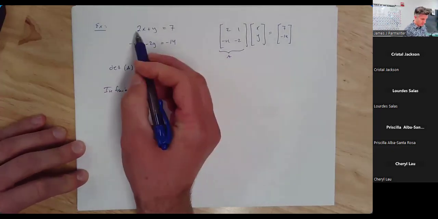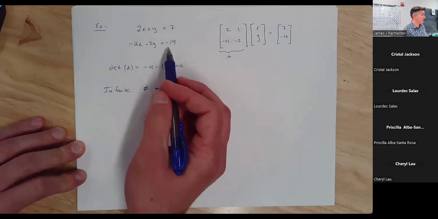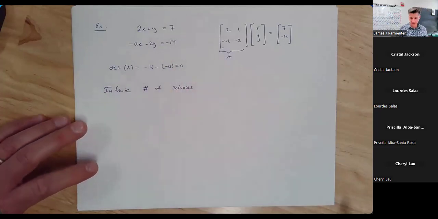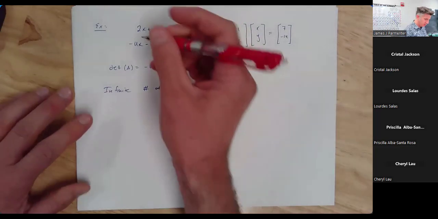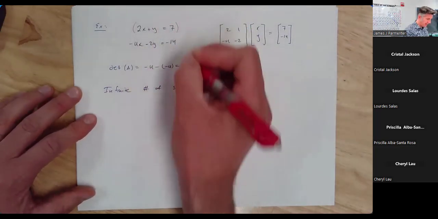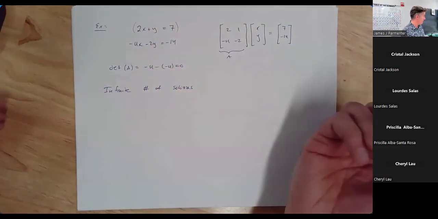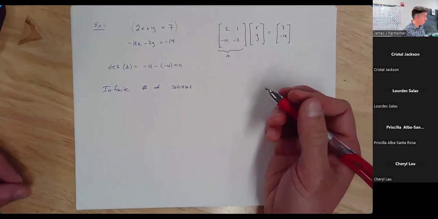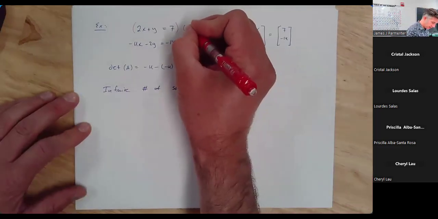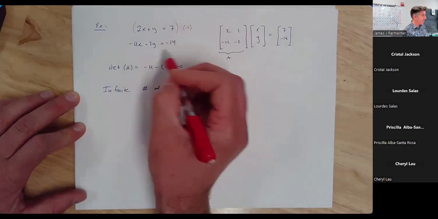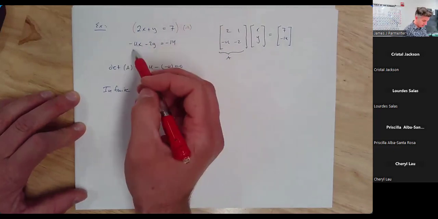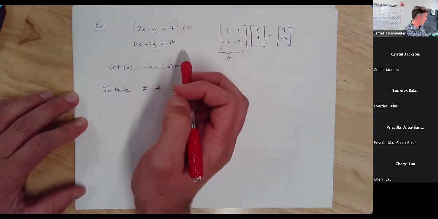Because both this line and this line are the same line. And the way I like to think about this is if you take this first equation and multiply the entire equation by whatever the right number is, in this case -2, you exactly get the second equation, -4x minus 2y equal to -14.